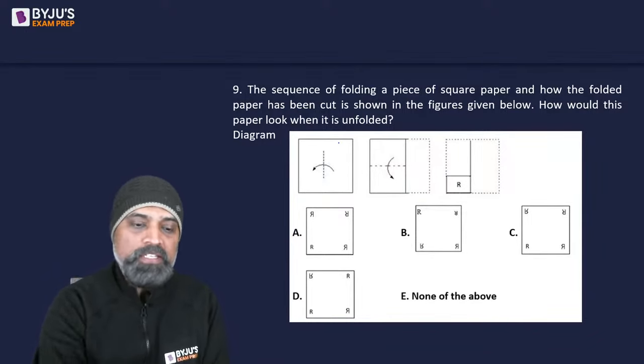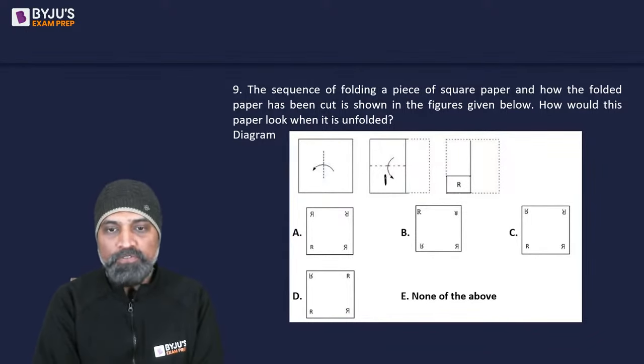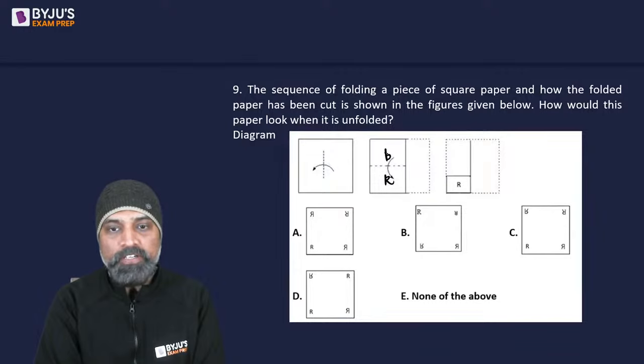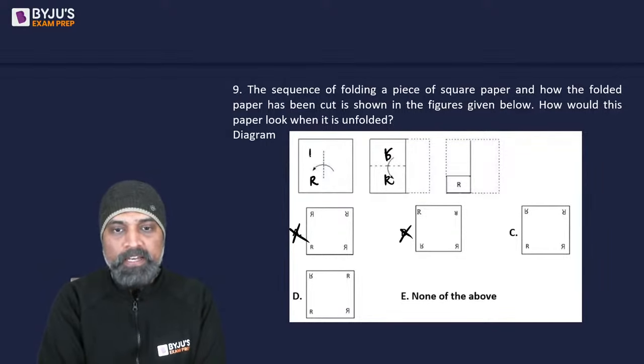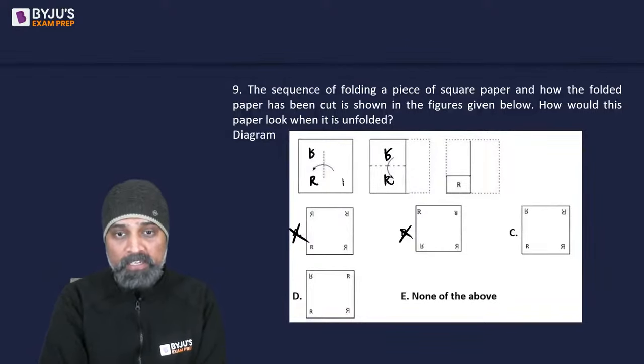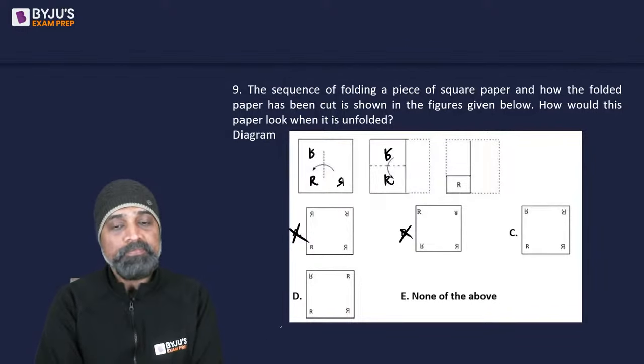So what you do is, of course, you may have to redraw. So if R is written and if it was folded, so you are supposed to get a mirror image of it, right? On the top. So the mirror image of this is going to be there, not in Alpha, not in Bravo, right? Okay. Now, if R is written over here and this looks like this particular figure, then the mirror image on the right hand side for that R is going to look like this, right?